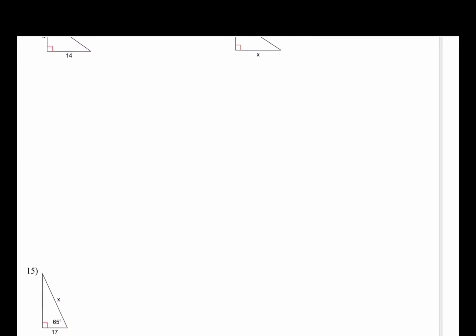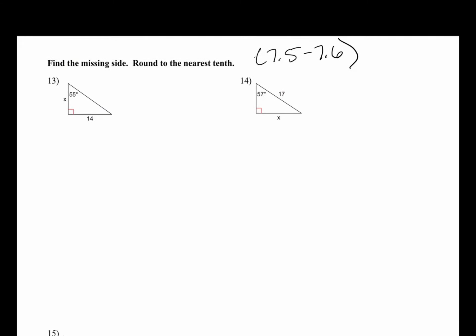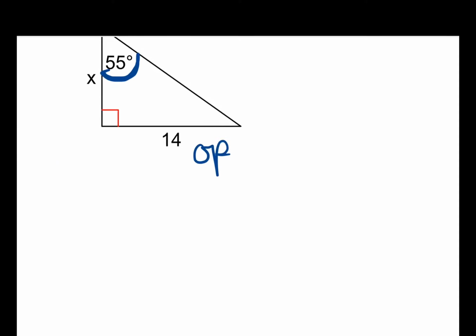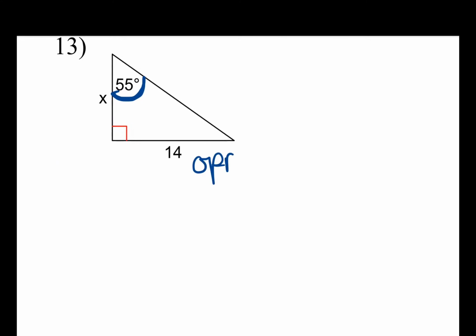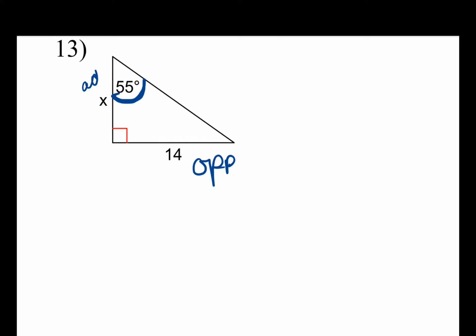The second part is using those ratios to find missing sides. So we're going to be given an angle and then two sides. What we want to do first is label how the sides relate to the angle. This 14 is opposite. This x is adjacent. Tangent uses opposite and adjacent. So that means the tangent of 55 equals opposite over adjacent.